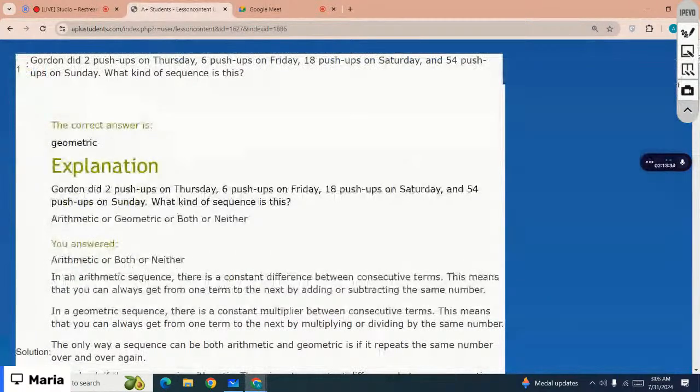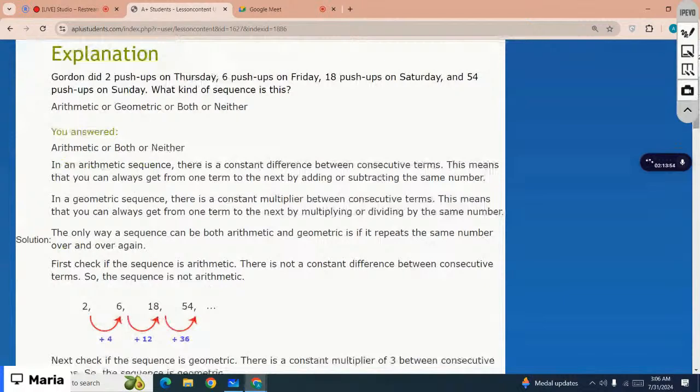Jordan did 2 push-ups on Thursday, 6 on Friday, 18 push-ups on Saturday, and 54 push-ups on Sunday. What kind of sequence is this? First you have to identify if the sequence is arithmetic or geometric, right?